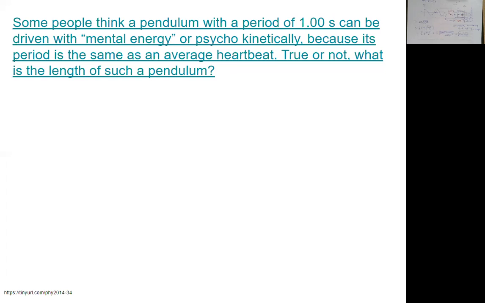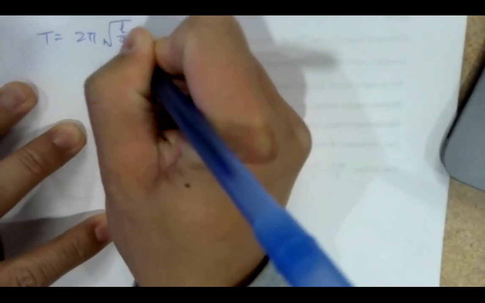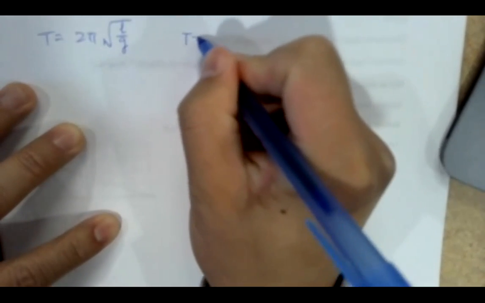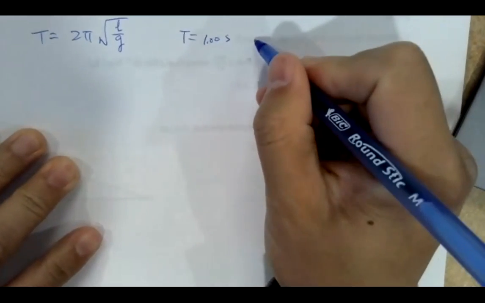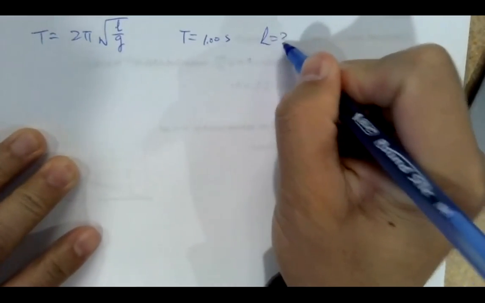Simply on this one, you will just use the equation for the period of simple harmonic motion, the pendulum. T equals 2 pi square root of L over g. It gives you T as 1 second, and you're looking for L.